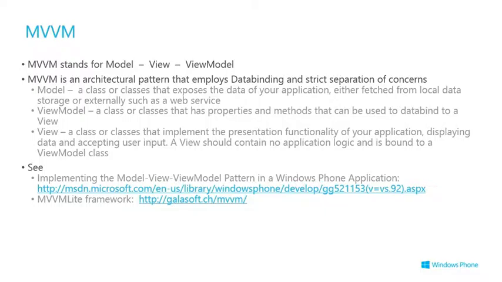Now, all of this data binding stuff is the underpinning of an important architectural model called MVVM, which stands for Model View ViewModel. This architectural pattern employs data binding at the heart of making this work, and it's about strict separation of concerns, which is a good object-oriented thing. It's all about making sure your views, which are your XAML pages, don't have any logic in them, and they just use data binding.